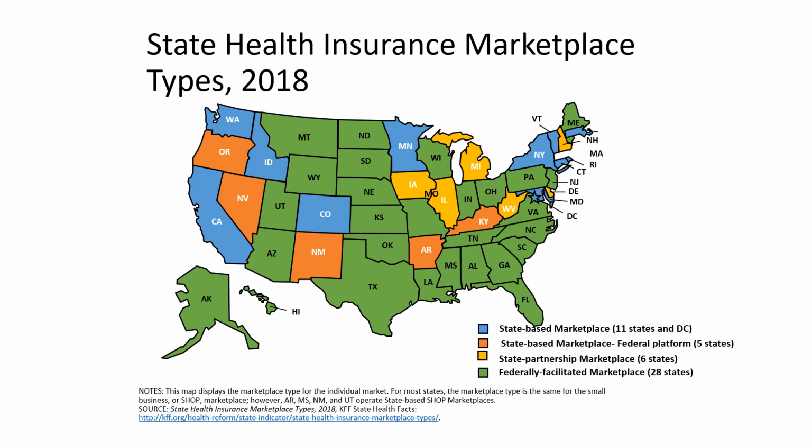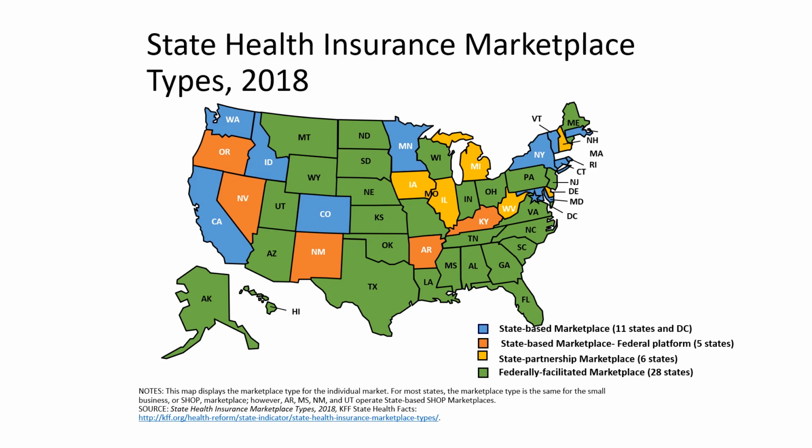Now there are different types of health insurance markets based on who operates them. You can see in the green those states where the marketplace is actually operated by the federal government. In some of the other states, the states are running them, or there's a kind of partnership between the state and federal platforms.